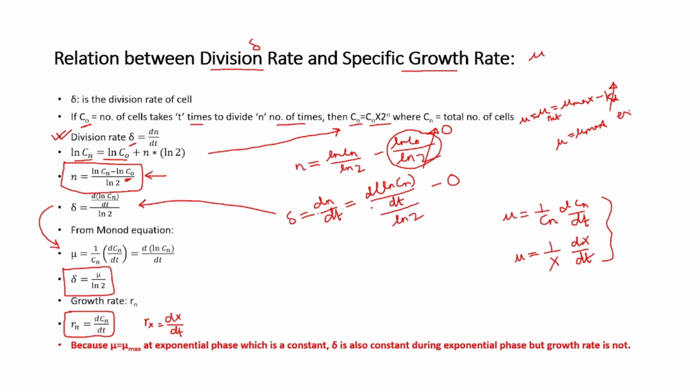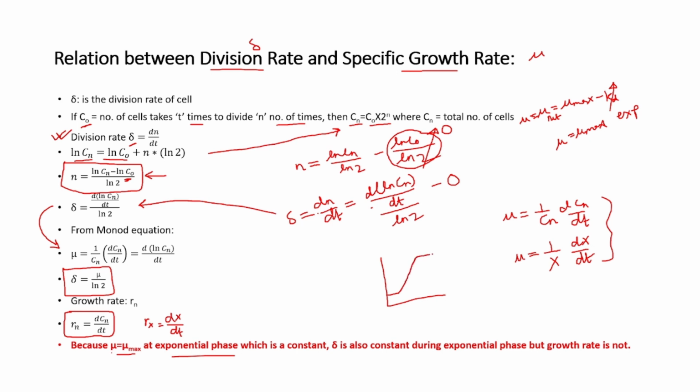Because mu is equal to mu max at the exponential phase, it is a constant. If you remember the cell concentration graph that I have shown, this is the lag phase, then the exponential phase where it is increasing, and then the stationary phase.